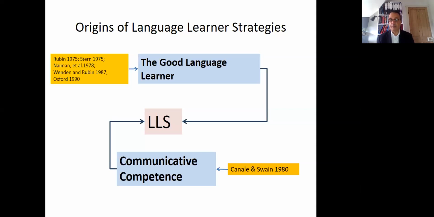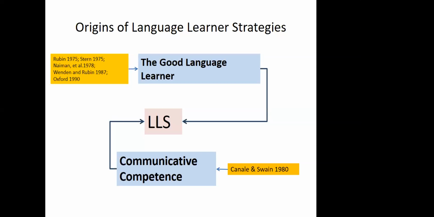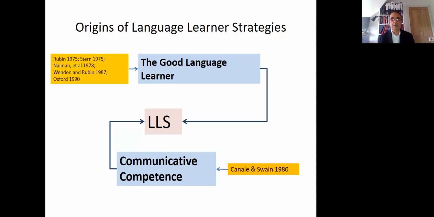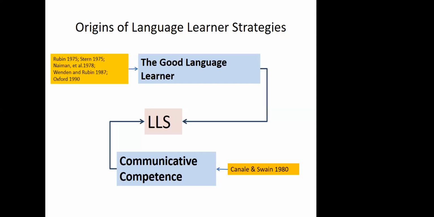What is it about them that makes them good language learners and others less good language learners? And fed into this came language learning strategies. There are various names for this: language learner strategies, language learning strategies, and so forth. But generally speaking, language learner strategies is an acceptable title for it.